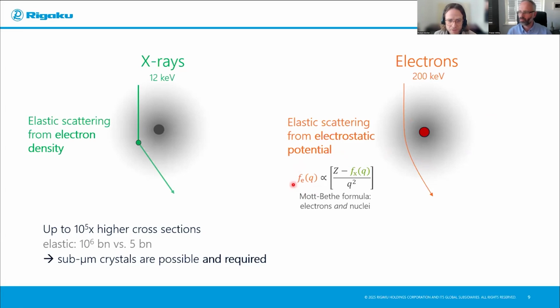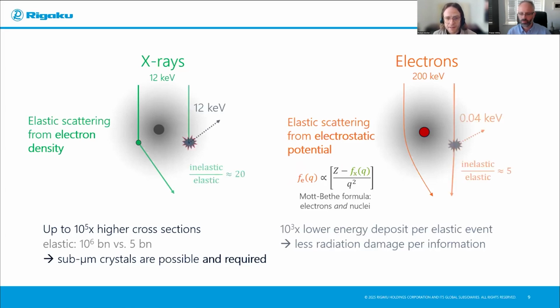So this electron form factor is proportional to the charge of the nucleus. So here you have the atomic number, but then also the electron shell. So here you have the form factor of the X-ray. And the electron diffraction form factor hence sits somewhere in between X-ray and neutron diffraction in that it sees both the nucleus and the electron shells.